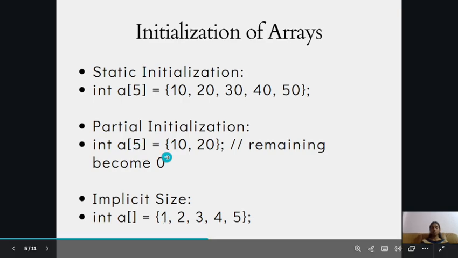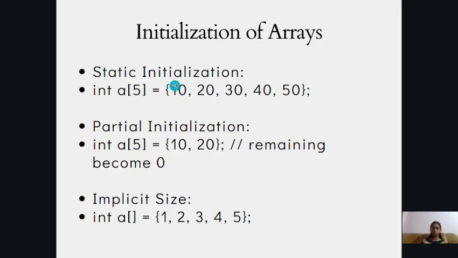Remember one thing, the index starts with 0, not with 1. 10 is 0, 20 is 1, 30 is 2, 40 is 3, 50 is 4. The last index is n minus 1.